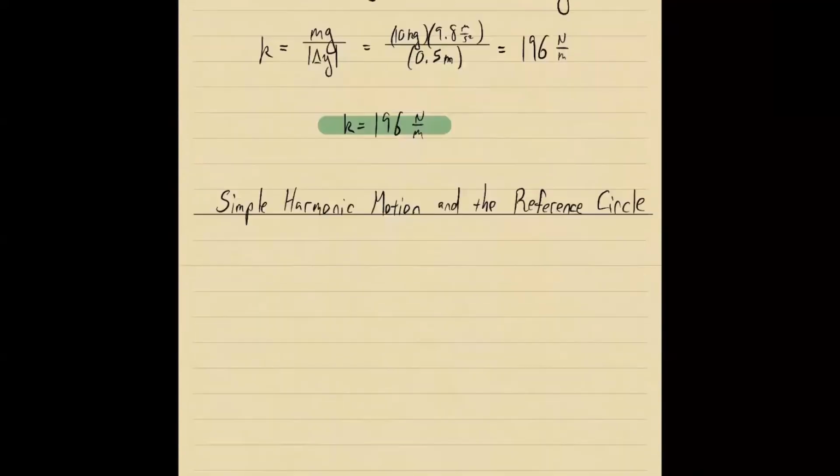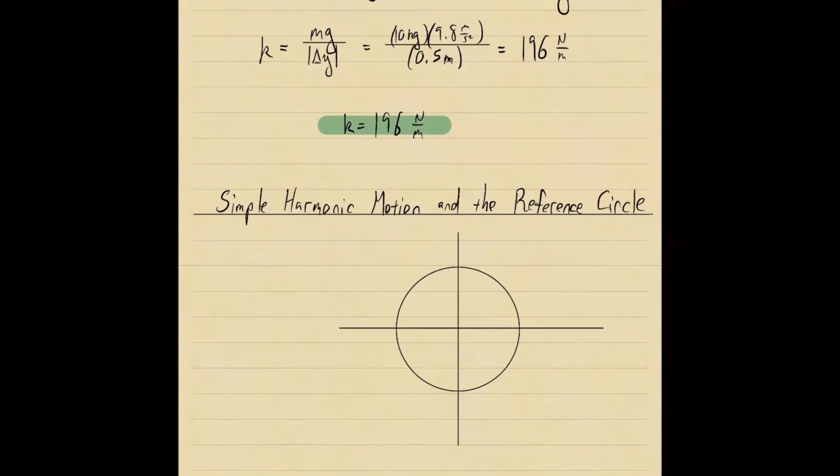So what is this reference circle? First, let me just draw it, and then I'll talk about it a little bit. So first, we have our reference circle. Then I'm going to draw axes on it. Our x-axis, and the vertical axis is our y-axis.